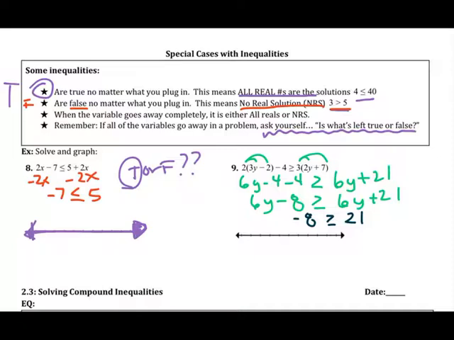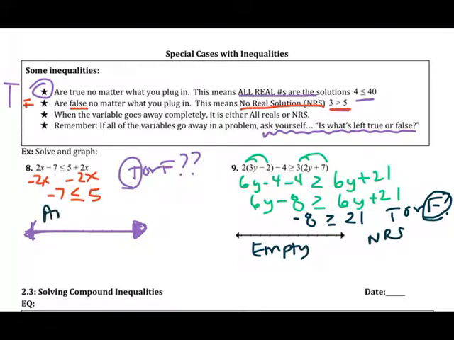Well, negative 8 doesn't equal 21, so that's not true. Negative 8, is it greater than 21? No. Since neither thing is true, the answer to this is false. And that means you aren't going to graph anything on your number line because nothing that exists on that number line could possibly work. So the answer here would be no real solution.